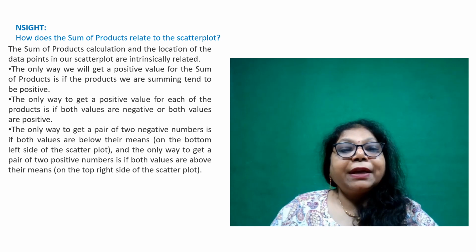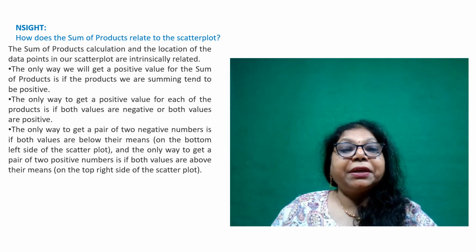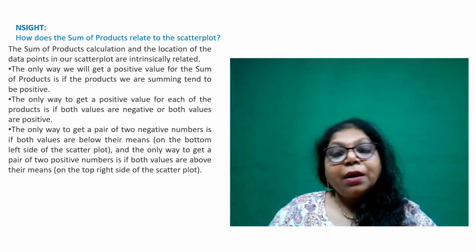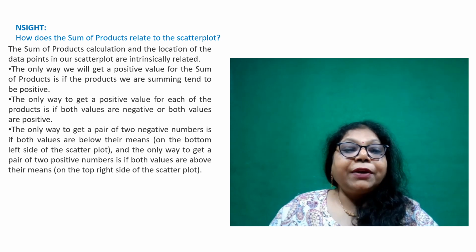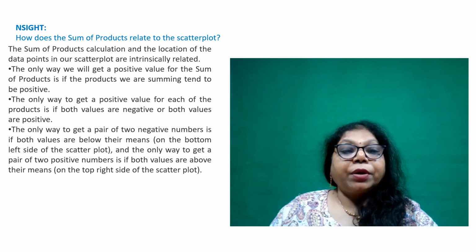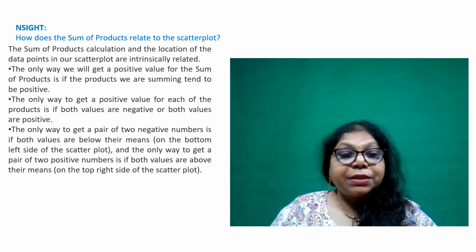The only way we will get a positive value for the sum of the products is if the products we are summing tend to be positive. And the only way to get a positive value for each of the products is if both values are negative or both values are positive. The only way to get a pair of two negative numbers is if both values are below their means. On the bottom left side of the scatter plot, we can see that. And the only way to get a pair of two positive numbers is if both values are above their means.